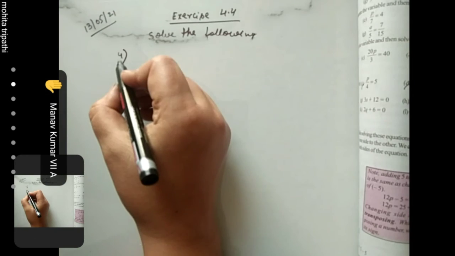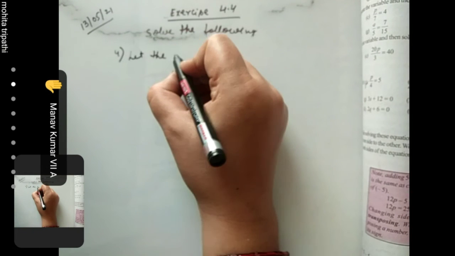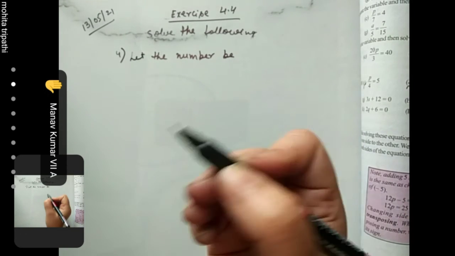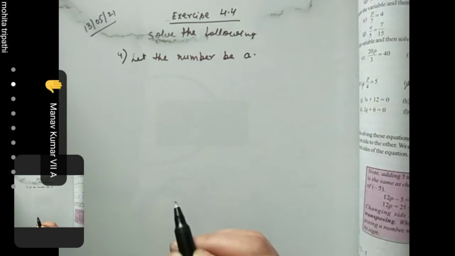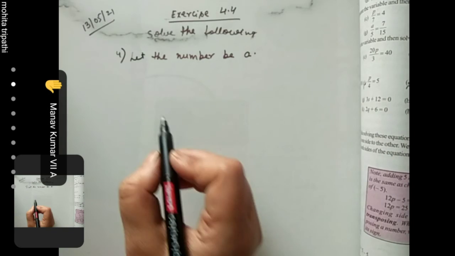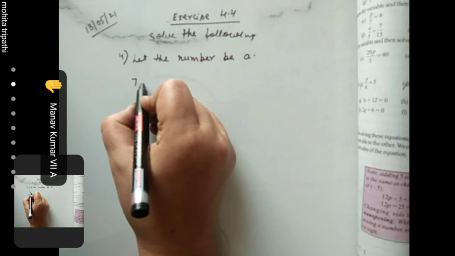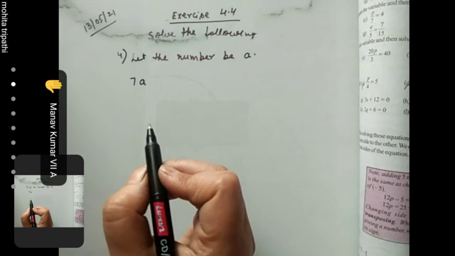So first of all we will assume, let the number be, you can take any number, you can also take a. Take me 7 times over means 7 times the number, and add 50.